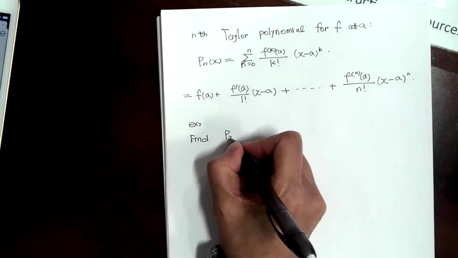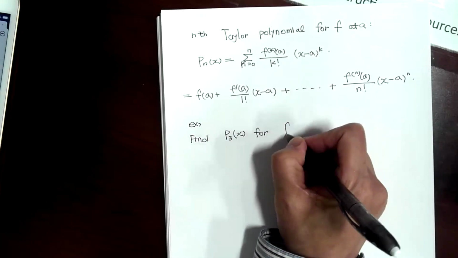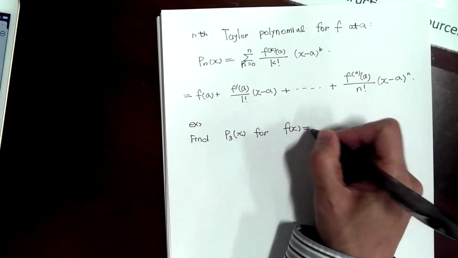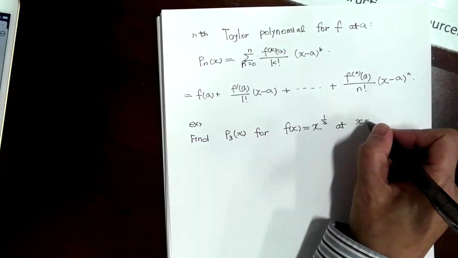Find the third Taylor polynomial for f of x equals x to the 1/3 at x equals 3.